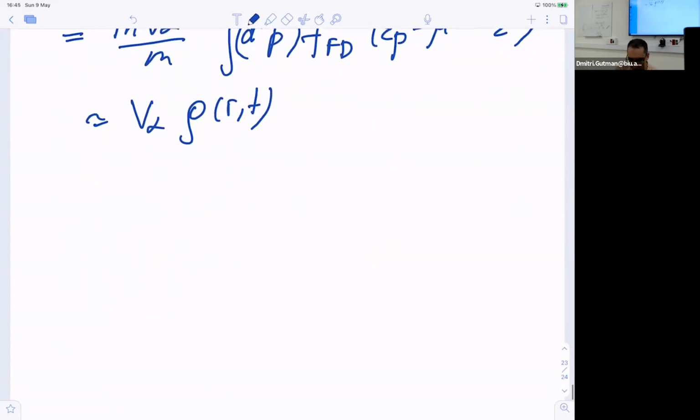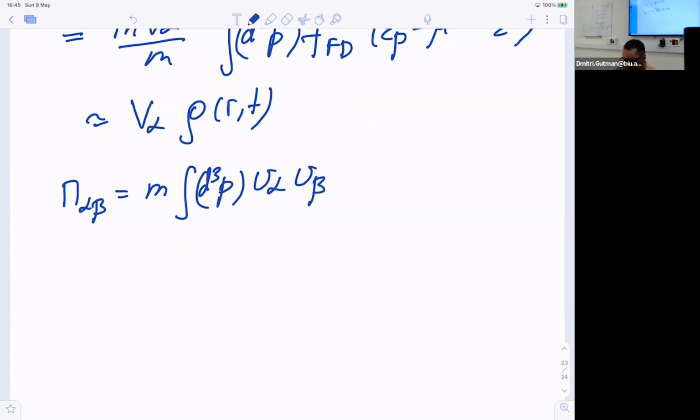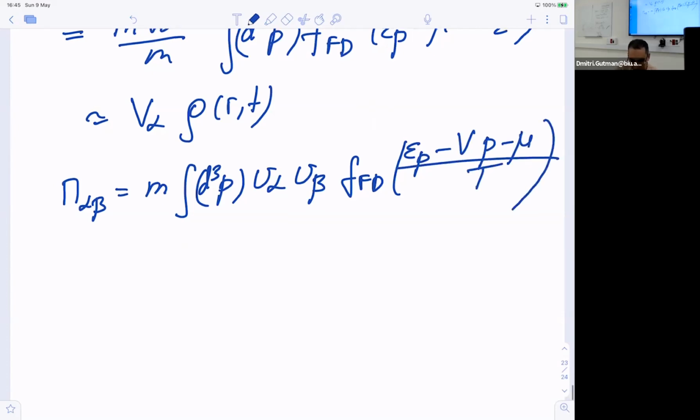Okay, so now I'm playing the same game with momentum flux, so P alpha beta. It's m integral d3p v alpha v beta times F Fermi-Dirac at epsilon p minus v p minus nu divided by temperature.